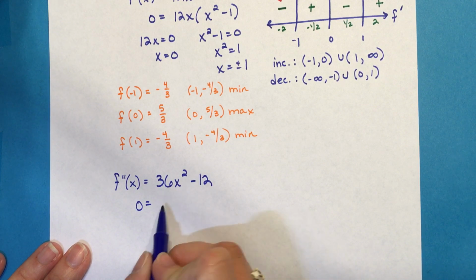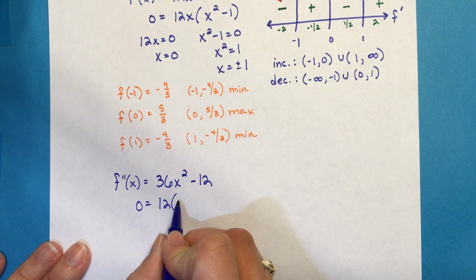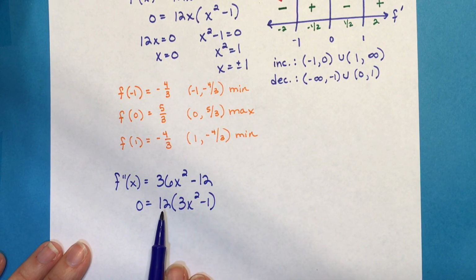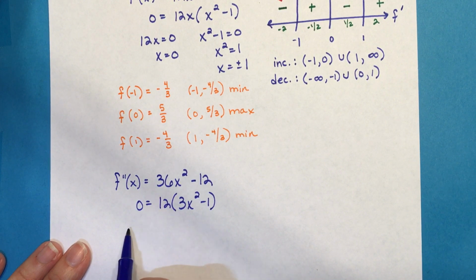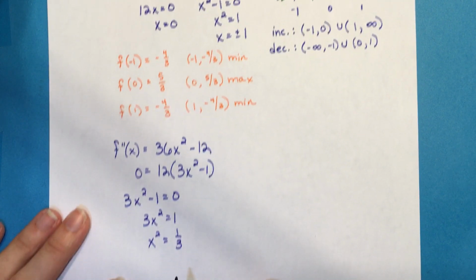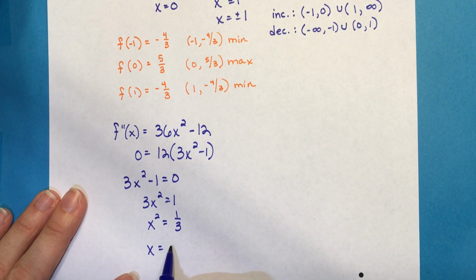You can factor out a 12. Of course, you're not going to set just the 12 equal to 0, so you take your 3x squared minus 1 and set this equal to 0. So I would have 3x squared is equal to 1, so x squared would be equal to 1/3. Therefore, x is going to be equal to plus or minus 1 over square root 3.